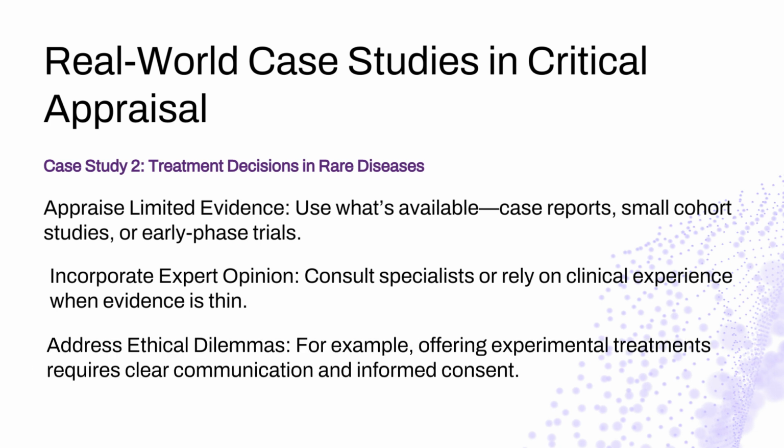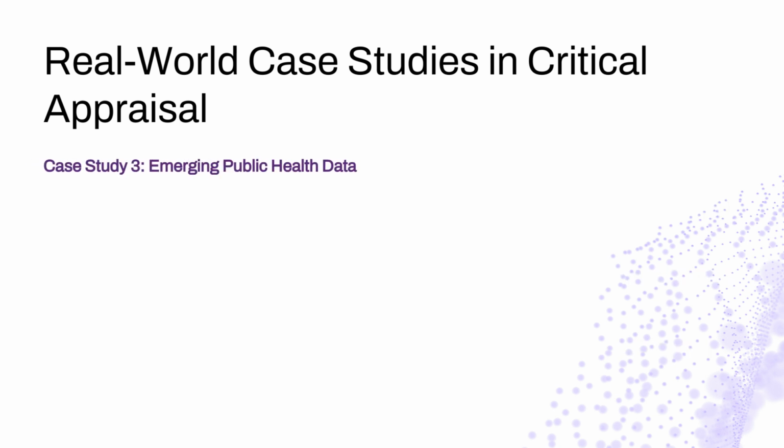Address ethical dilemmas. For example, offering experimental treatments requires clear communication and informed consent. In rare diseases, your critical appraisal skills allow you to weigh limited evidence carefully while keeping patient needs at the forefront.